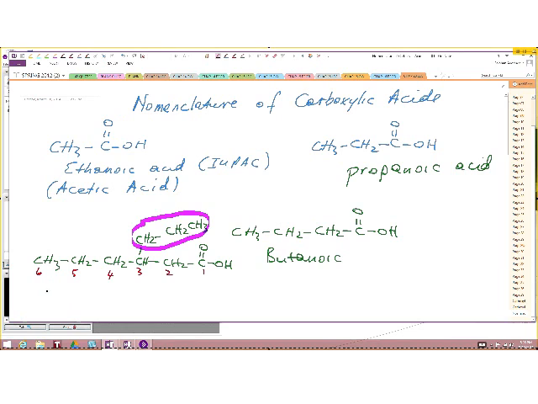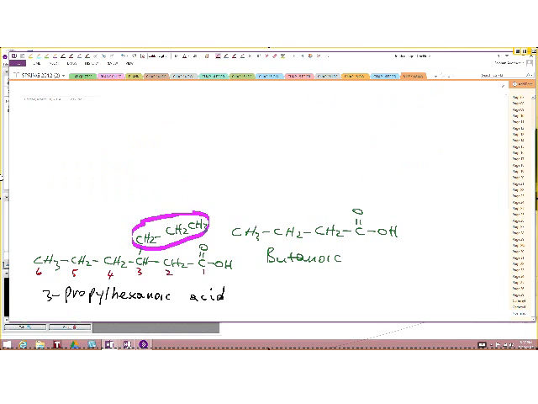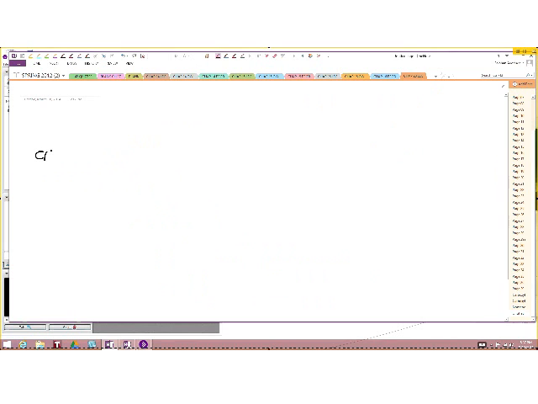So this becomes 3-propyl, so that's a propyl group, and then what will be the parent name? Hexanoic acid. Supposing we have this.